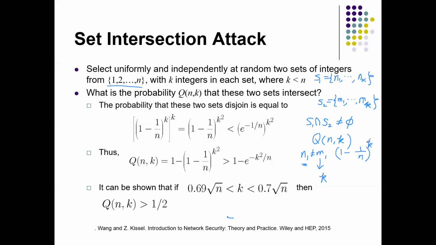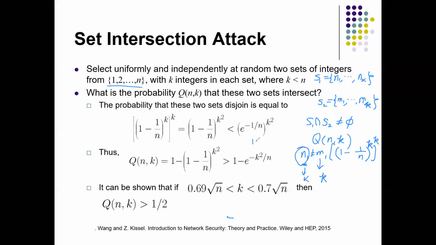They are not equal, then it's 1 minus 1 over n. Now you let n1 go for k of them, so that will be that. So that's the probability that these two sets are disjoint. So none of them equal is this.